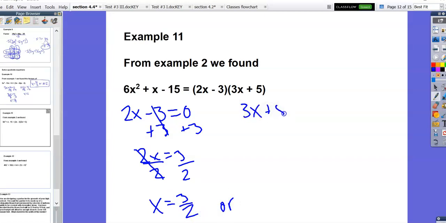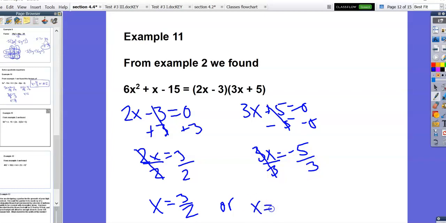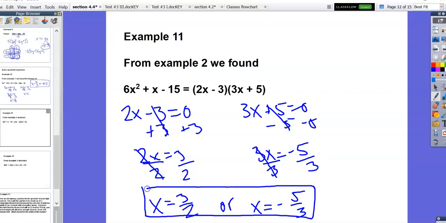Set the second term equal to 0 and solve. So we have x equals 3/2 or x equals -5/3.